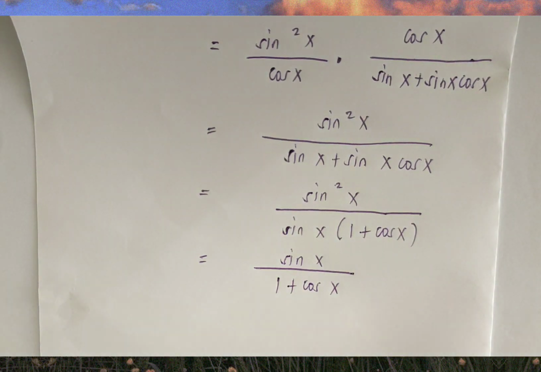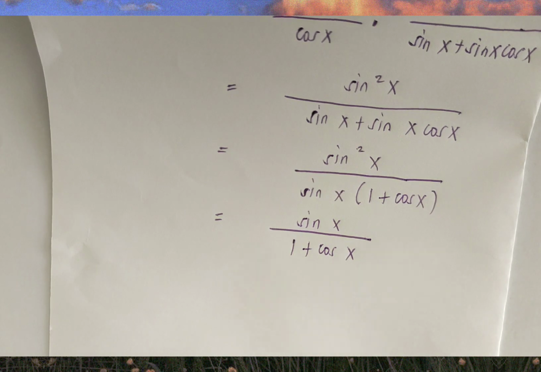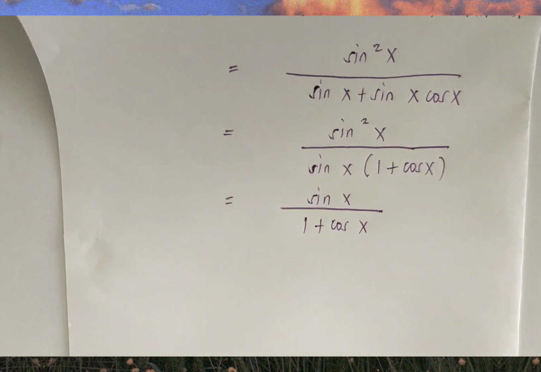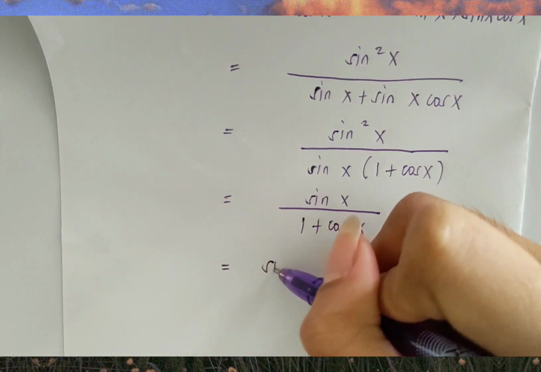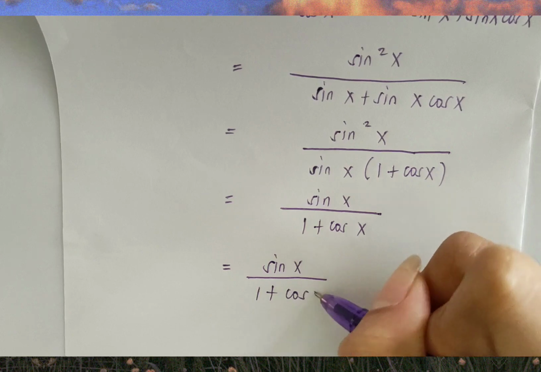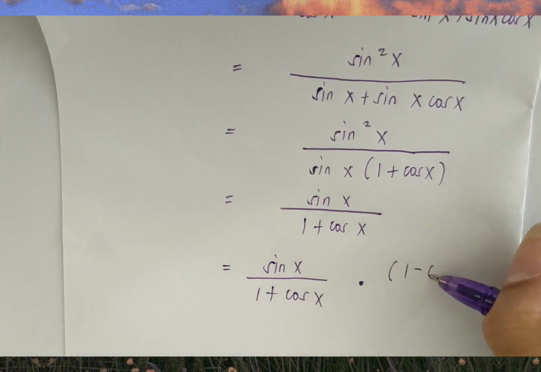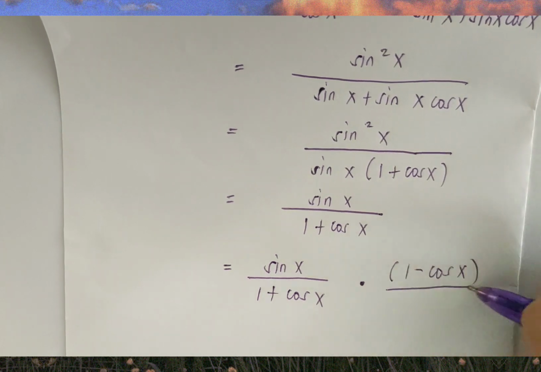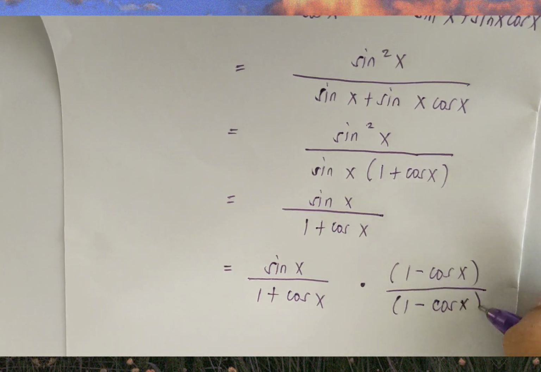Now here we will multiply our numerator and denominator by the quantity 1 minus cosine x. So copy sine x all over 1 plus cosine x, and then we will multiply 1 minus cosine x for both numerator and denominator. We will conjugate this one.